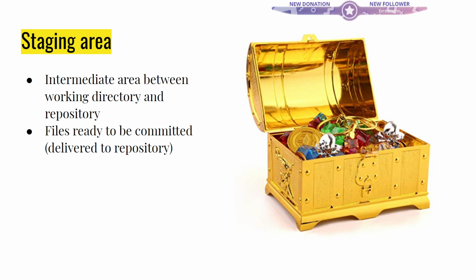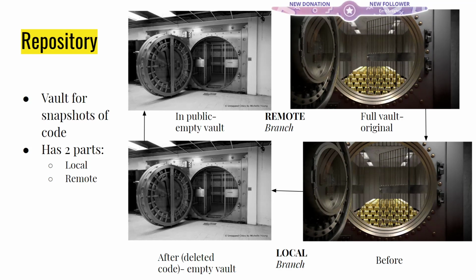So those are the changes, the files that are ready to be committed. And finally, when you do the commit, you deliver them to a repository, and consider a repository as a vault, some place where code can be secured.